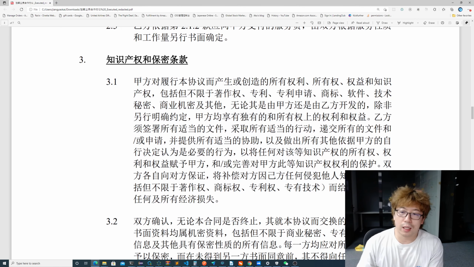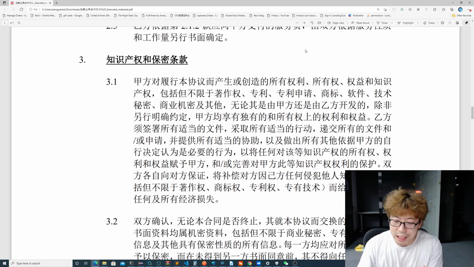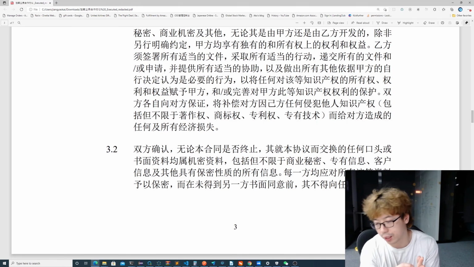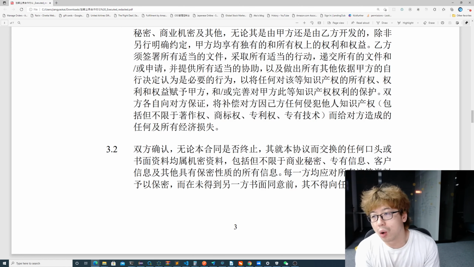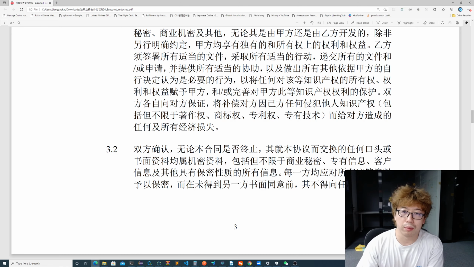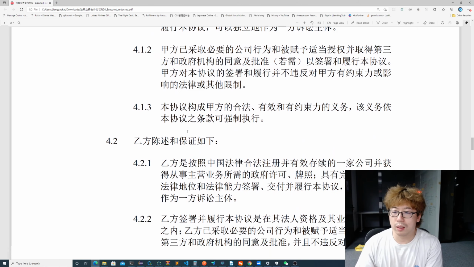And also, Party B shall not leak any intellectual property and whatnot. And the whole gist of this contract is that Party A essentially owns all the economic interest of Party B, and so on.